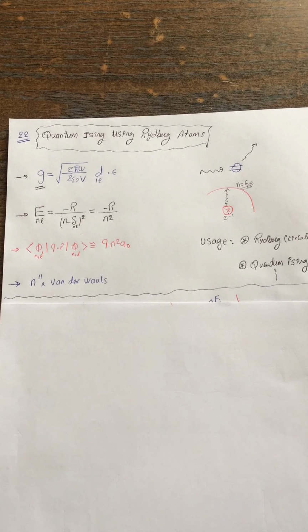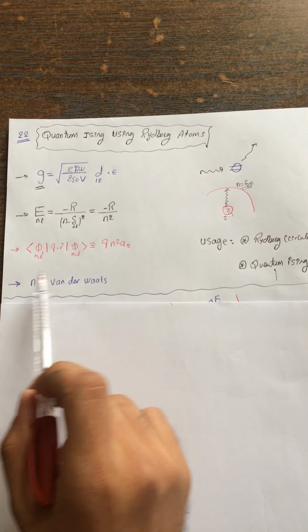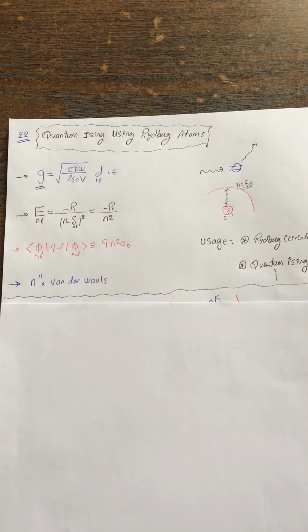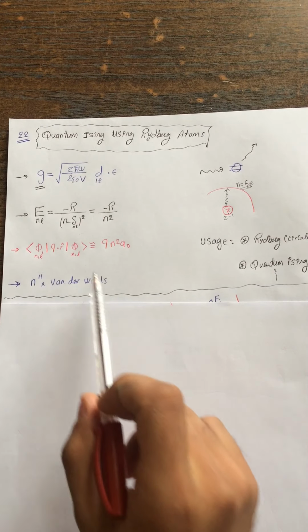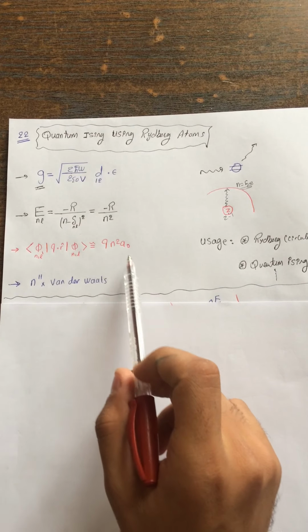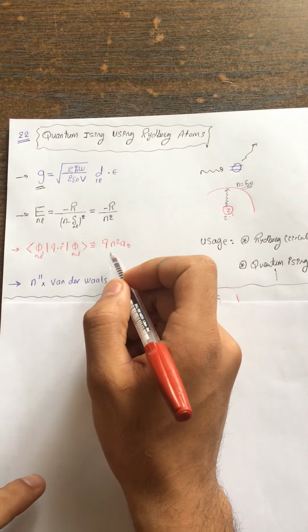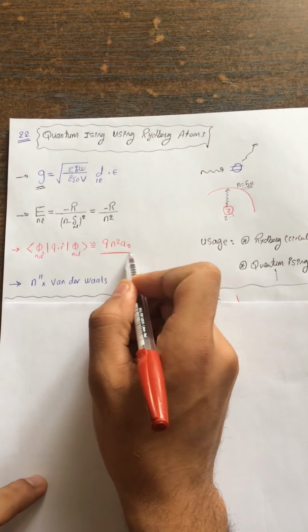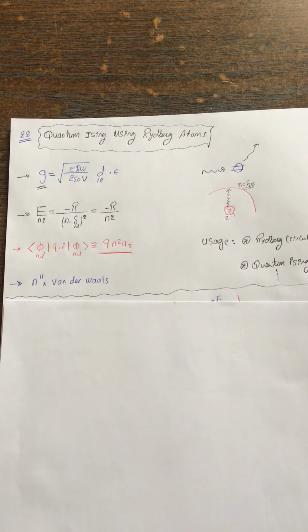If you calculate the dipole matrix elements between the two wave functions of the ground state and the excited state, you can see that for this kind of excitation you have a dramatic increase with the principal quantum number. So here you have an increase with n square. So it means a huge dependence on this quantum number n, by which you can raise the atom from the ground state to here.